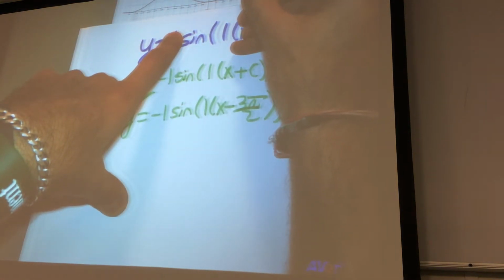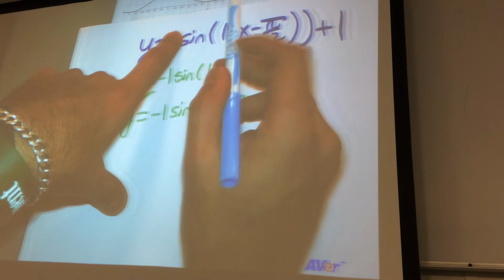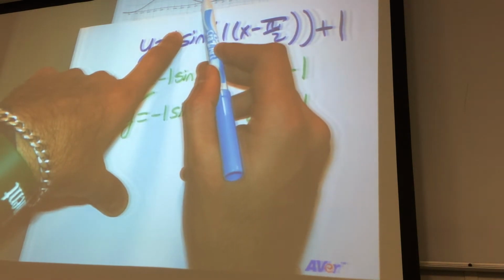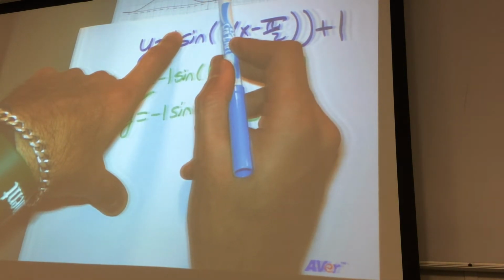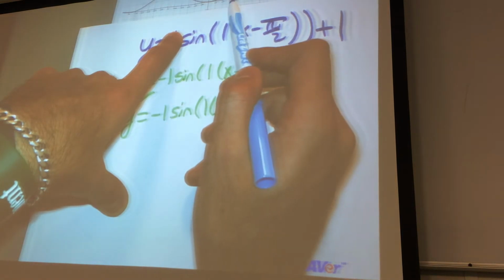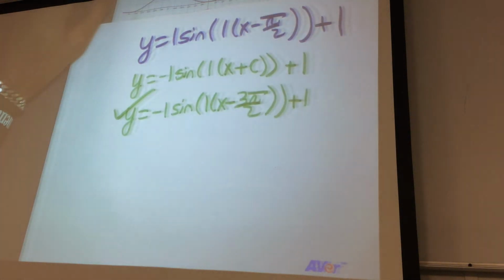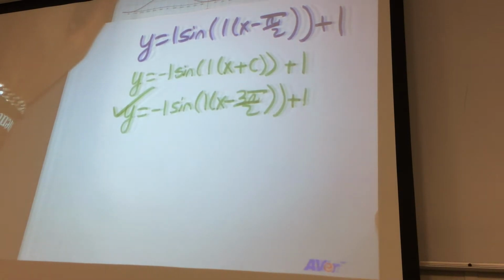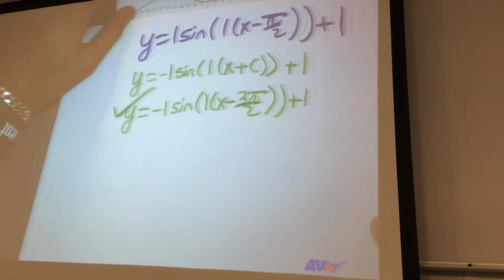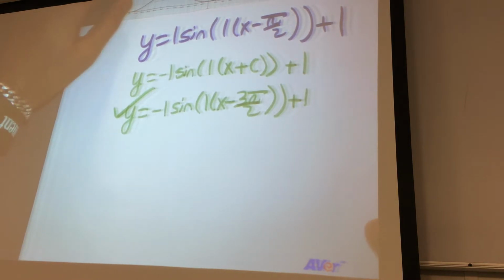I'll get to you in one second. We have this point here. This point should have been here. So where is it now? It's shifted right. How much did it shift right by? Pi over 2. Let me go to cosine.